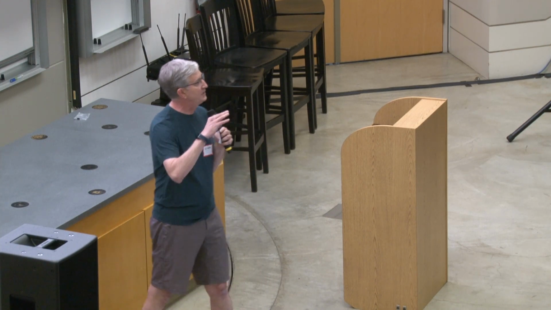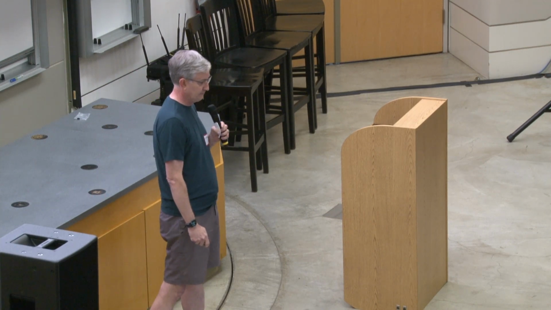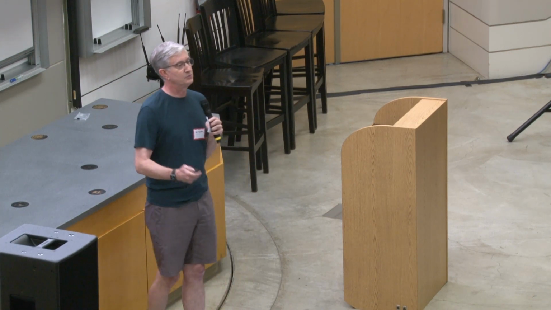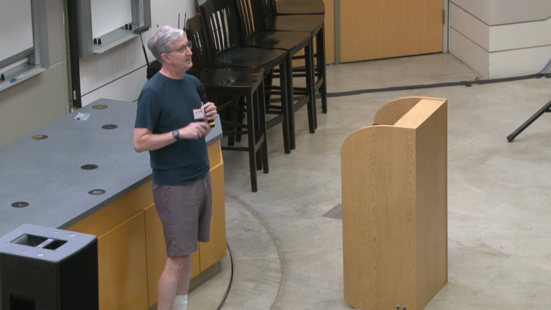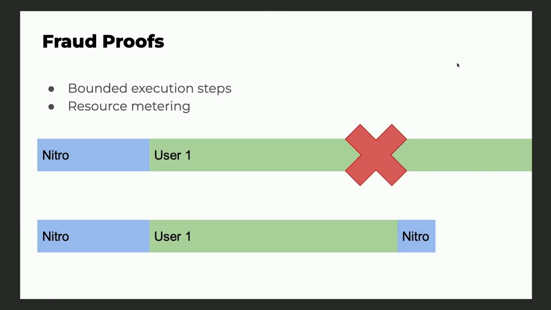We need to be able to fraud proof over these interleaved computations, which include code that was untrusted, that is not built by us and not statically known at the time that we launched the chain, but of course has been instrumented. Okay, so what do we need to watch out for here?